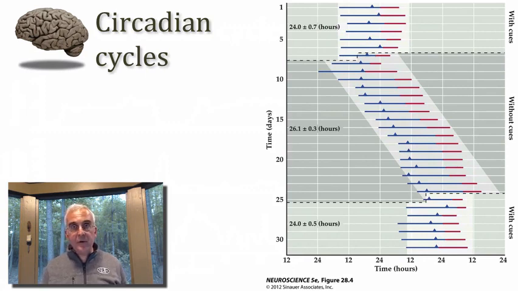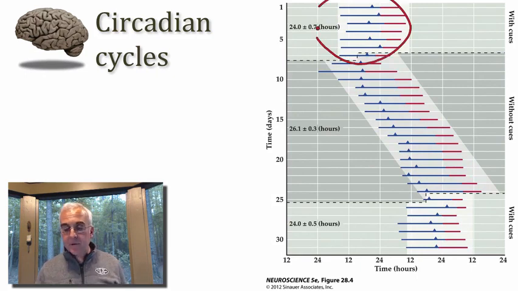So here's some experimental data from human volunteers who were willing to sequester themselves in a room that could be deprived of cues about day and night. And so when the cues were present, we see that these subjects were active and sleeping for a 24-hour period, and the period tended to start and stop at about the same time each day, being entrained by the presence of cues in the form of perhaps a radio signal or a television, something of that sort.